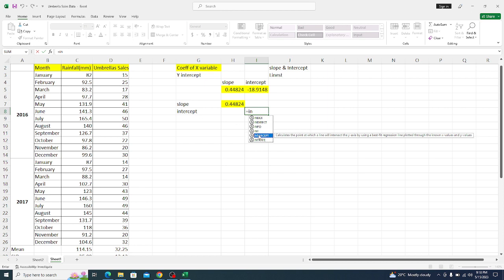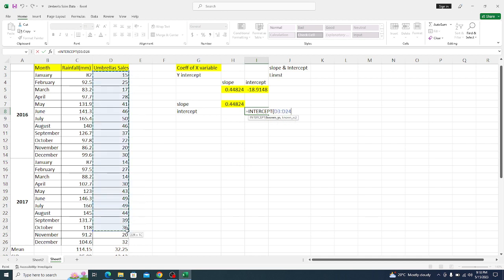We use the same approach: we need the known y's and the known x's. So you highlight the known y's, then highlight the known x's, and you can see we are getting the same value as this.